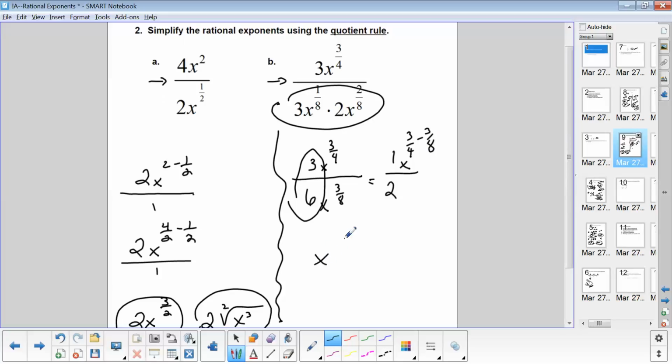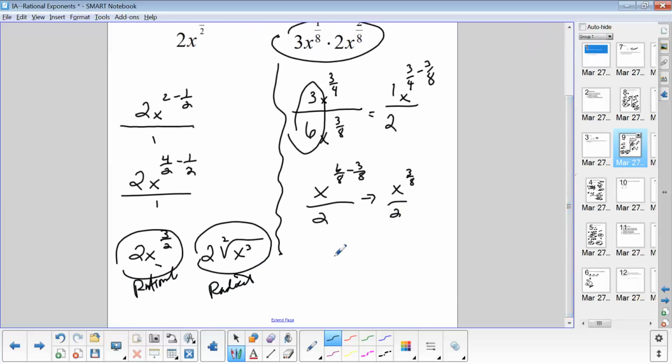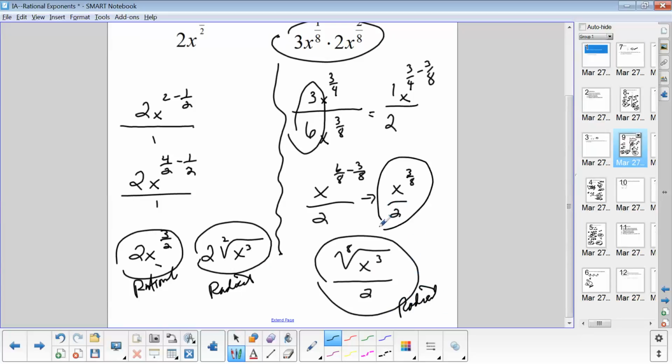So that's going to give me 6/8 minus 3/8, all divided by 2, which would be x to the 3/8 divided by 2. Or, to simplify the numerator, it would be base of x to the 3rd power, the 8th root, divided by 2. So there's your radical. There's your rational.